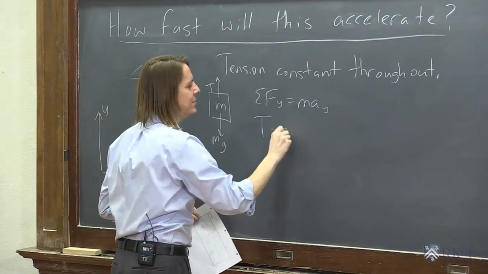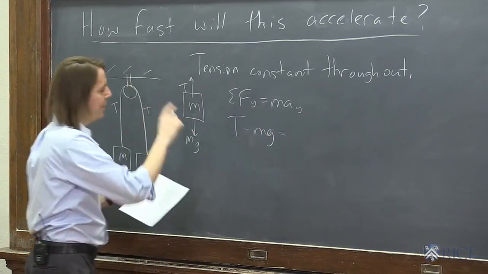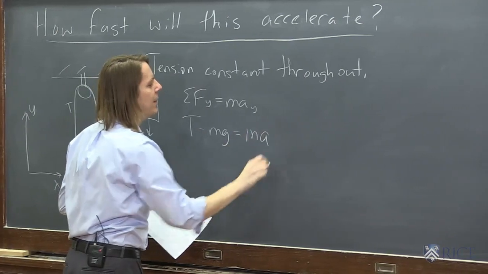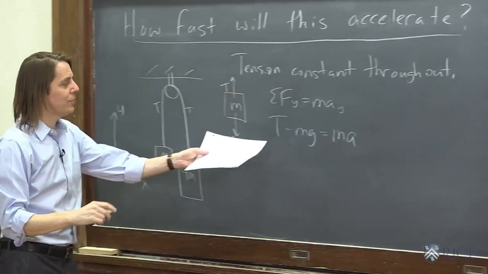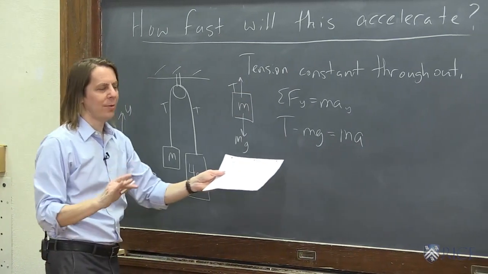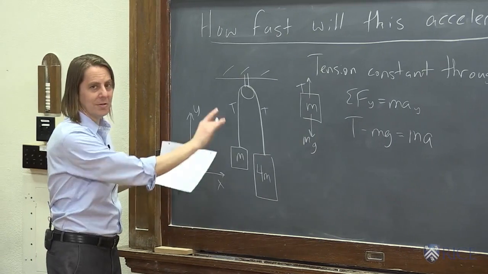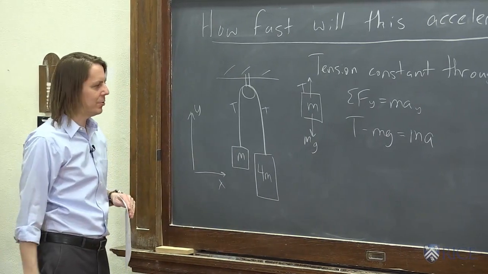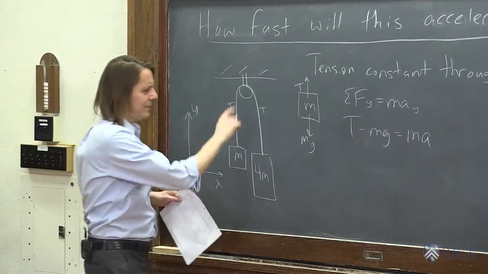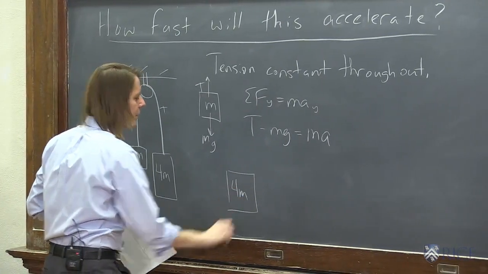And then minus mg down, and that equals ma. So we can't solve for tension because we don't know the tension and we don't know the acceleration. This is not a static problem where this side is 0. It's clearly going to accelerate if you have any intuition for this sort of thing.